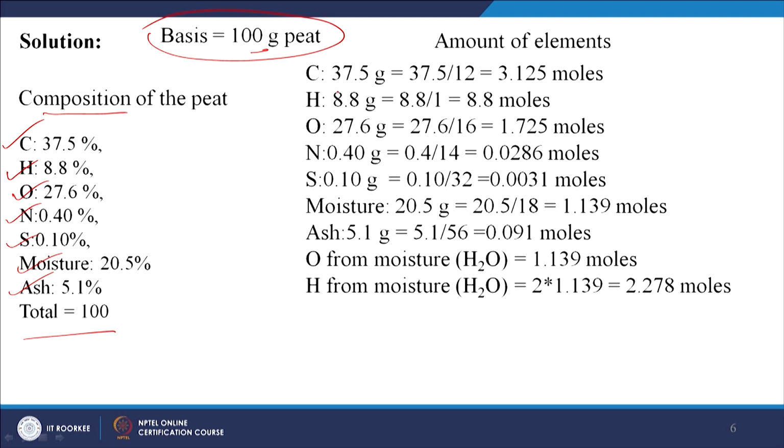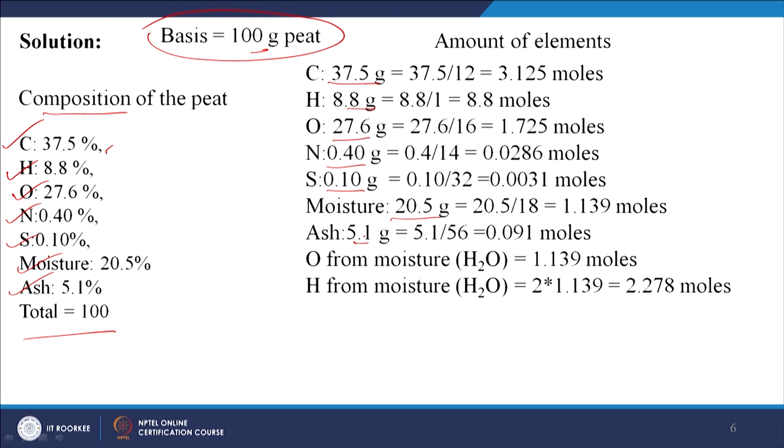Carbon will be 37.5 gram as it is percentage. Hydrogen will be 8.8 gram, oxygen will be 27.6 gram, nitrogen will be 0.4 gram and sulfur will be 0.10 gram, moisture will be 20.5 gram, ash will be 5.1 gram.